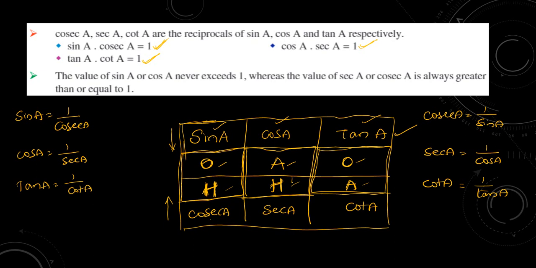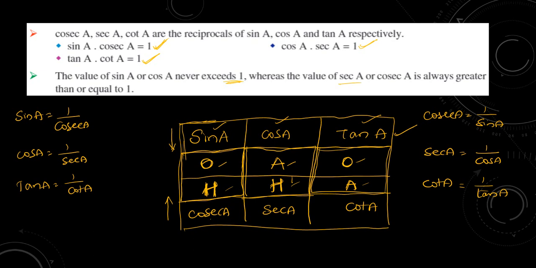In a proper fraction, the value is always less than 1. So sin A and cos A never exceed 1. Never exceeding 1 means there is a possibility that the opposite side and hypotenuse may be equal. In such cases we get 1, and it cannot exceed 1.